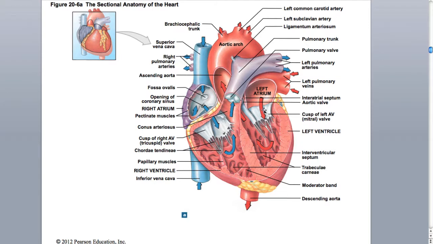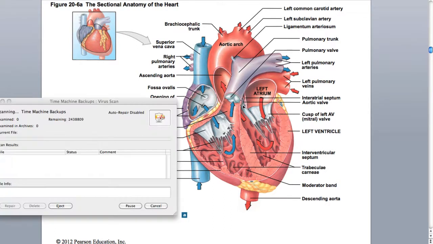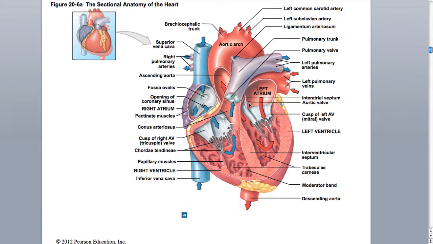So far I've described this valve and that one. There's one more missing, and that's right here in the corner, called the aortic valve. The aortic valve is an important one. The aortic valve has little rings on the valve itself, and the two rings are actually openings. Those two openings lead into what's called the coronary blood circulation.